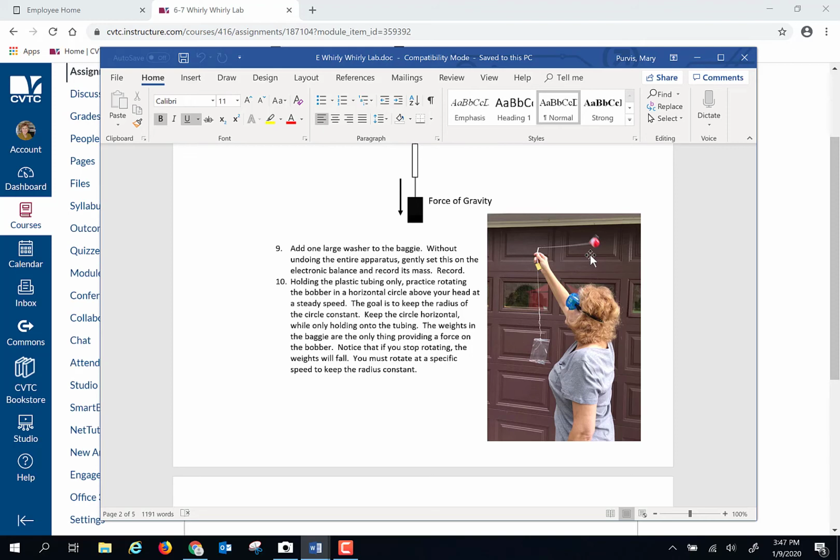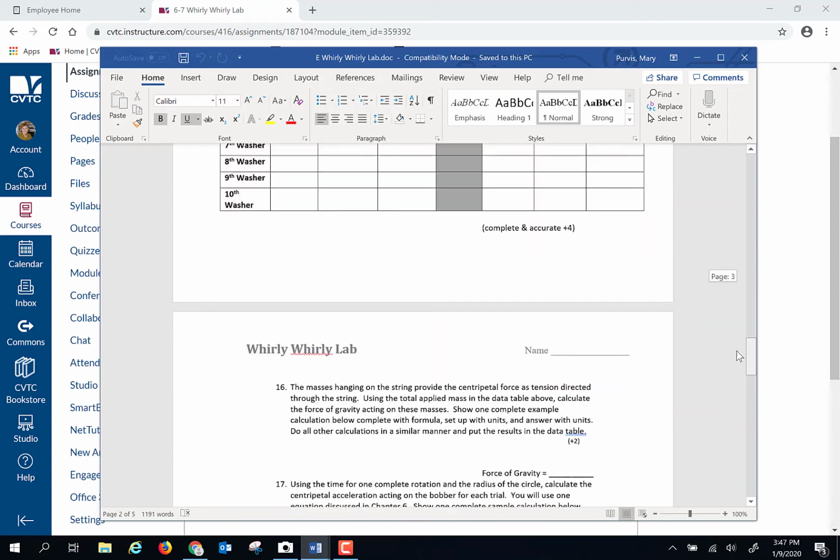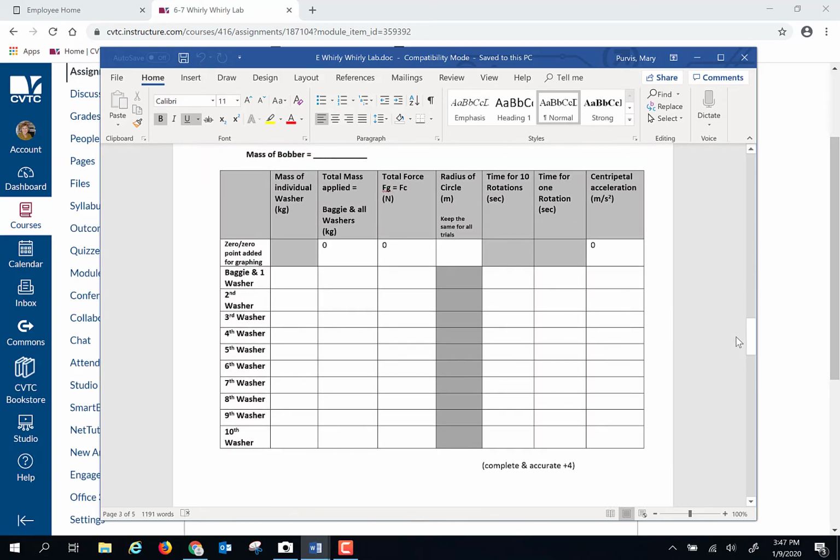And after you've got the hang of this, you're going to have to do a little timing. If you have a friend, family member, colleague, or neighbor that you could talk into helping you do the timing, it wouldn't hurt, but many people do this alone and it works out just fine. You're going to be timing for multiple rotations, then dividing by 10, because all we really want is the time for one rotation.